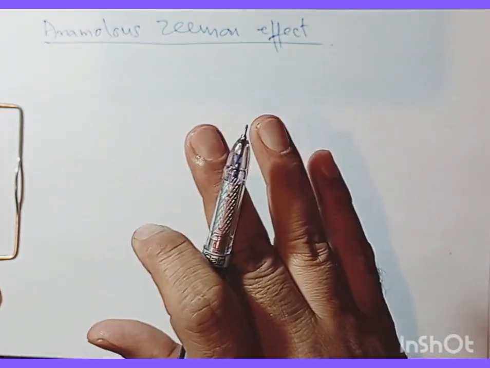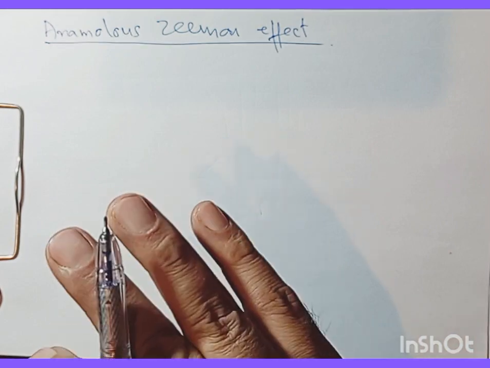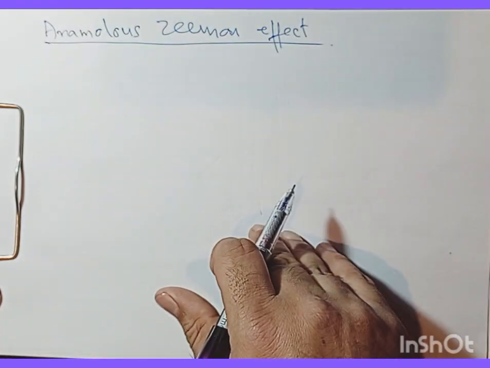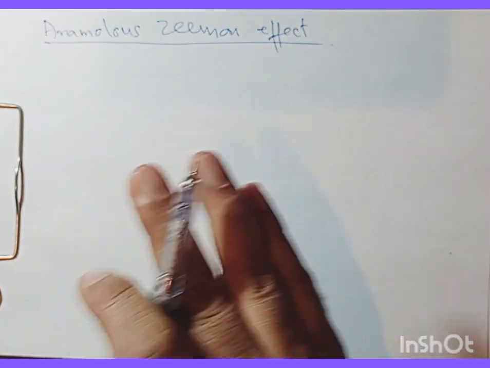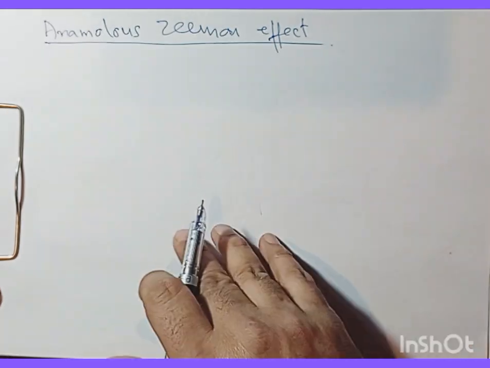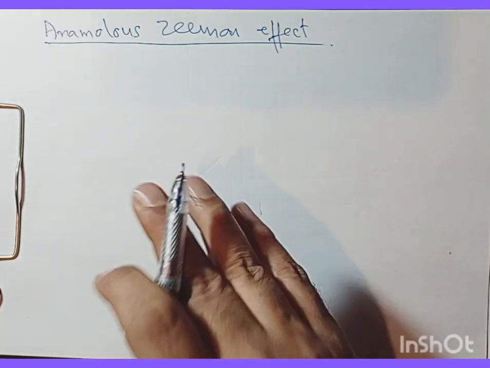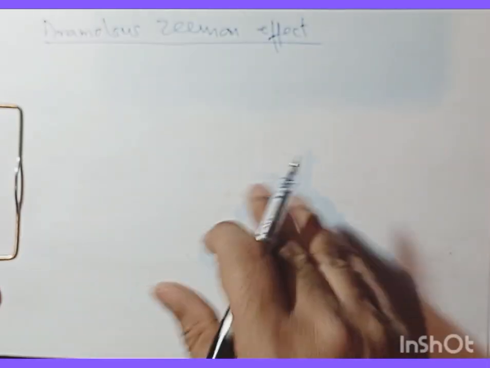These spectral lines get split into more than three components, and in the direction of the field, each of the spectral lines is split into more than two components.